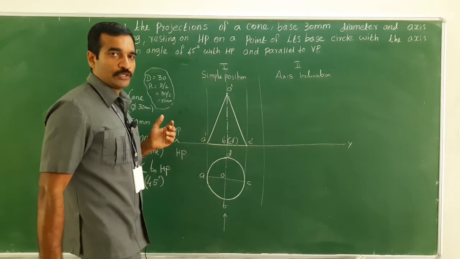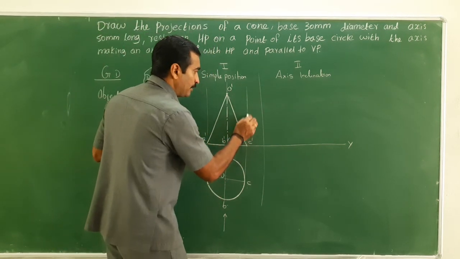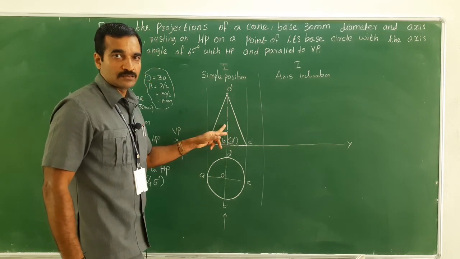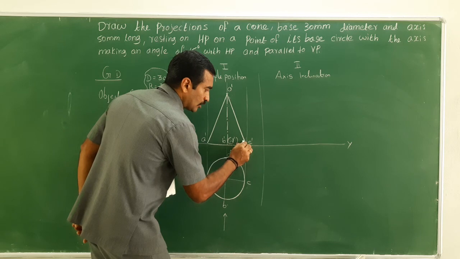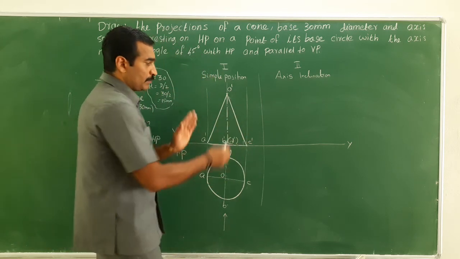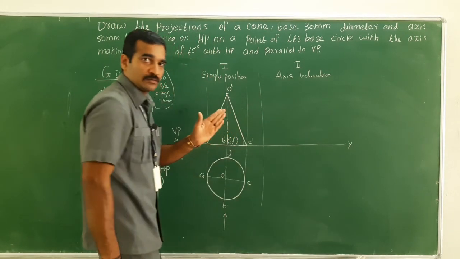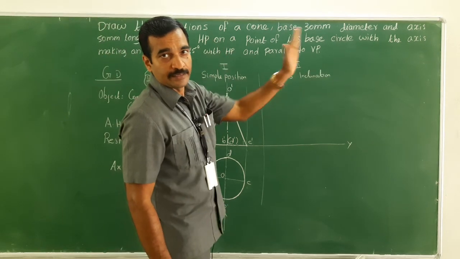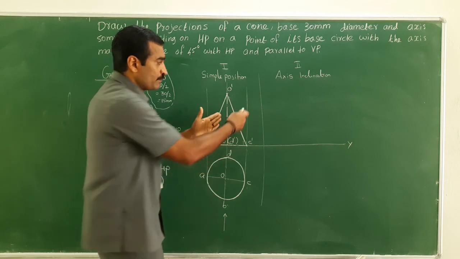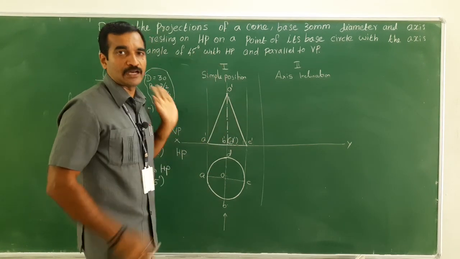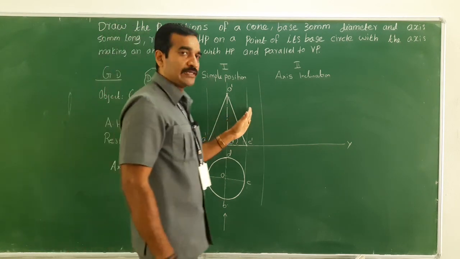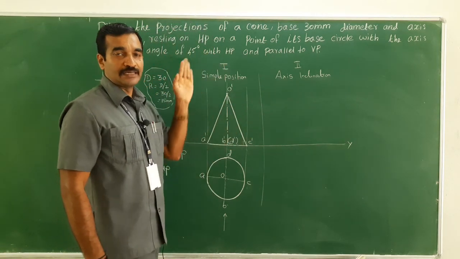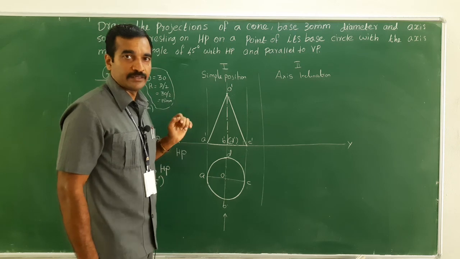So what I am going to do is draw an imaginary line parallel to this axis, and this should be perpendicular to the base. By tilting the imaginary line by 45 degrees, naturally the axis will also get inclined at an angle of 45 degrees, because this imaginary line and the axis are parallel to each other. By tilting the imaginary line, this axis also will get tilted at 45 degrees, right?